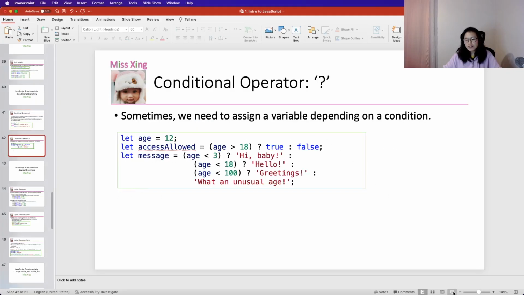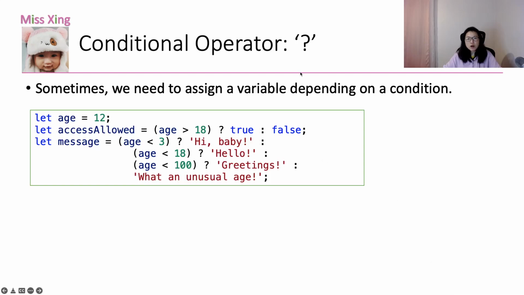When doing a conditional operator, there's one shorthand, which is using the question mark and with colon. Sometimes we need to assign a variable depending on the condition, and this is a shorthand way. Suppose the age is greater than 18, we will assign this one to be true, otherwise false.